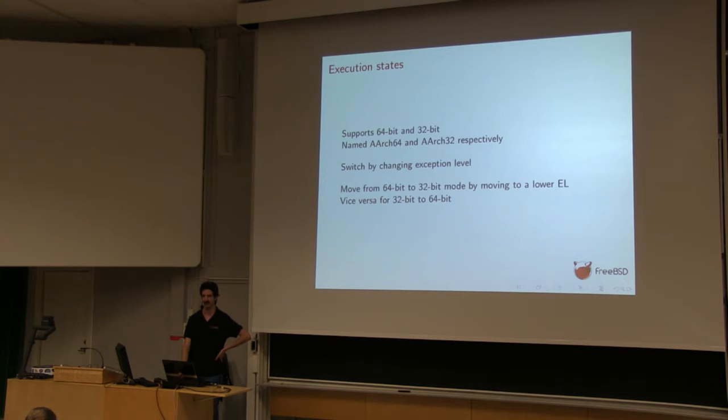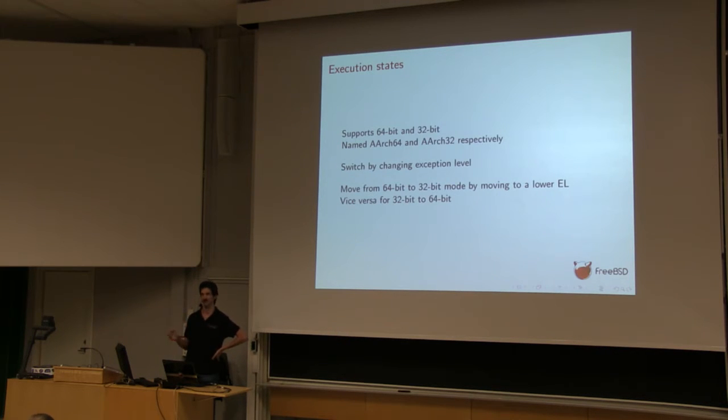So the only way you can possibly switch between these 2 modes is by changing exception level. You can only change from 64-bit to 32-bit by moving to a lower exception level. So therefore, if you have a 32-bit kernel, you can only run a 32-bit user space.